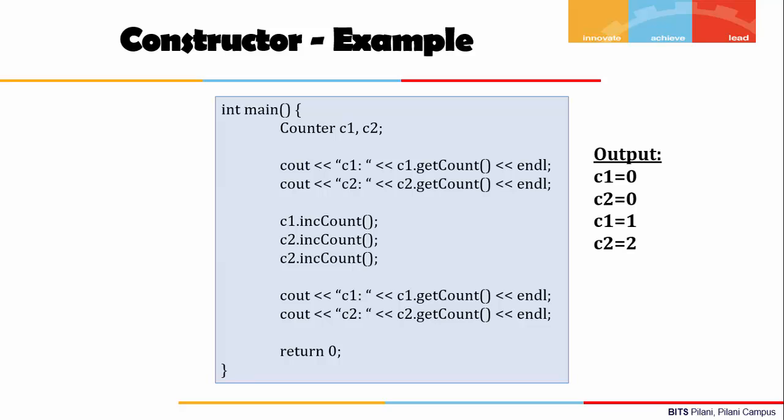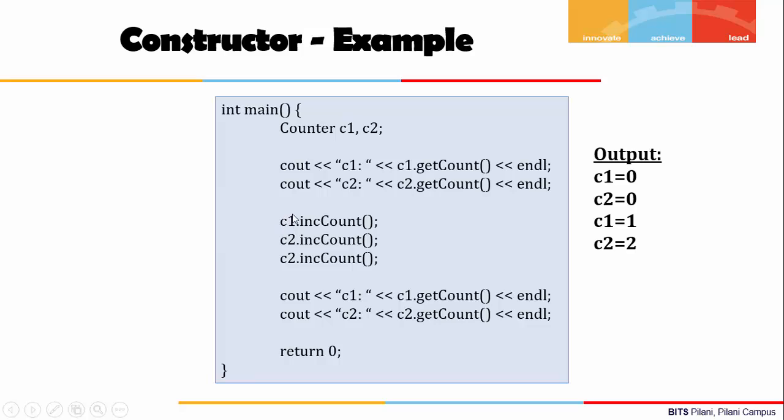So if you see in this example, initially C1 is 0. So when we print C1.get_count, it gives C1 is equal to 0. Also C2 is 0. Then we have increment count. So C1 is incremented by 1.